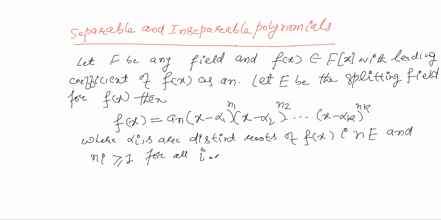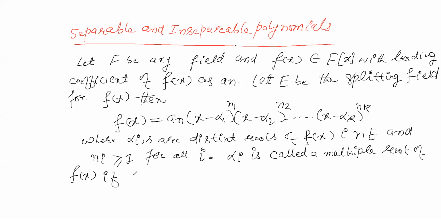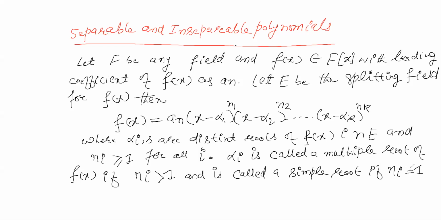Okay, now alpha i is called a multiple root of f(x) if this n_i is bigger than 1, and is called a simple root if n_i is 1.